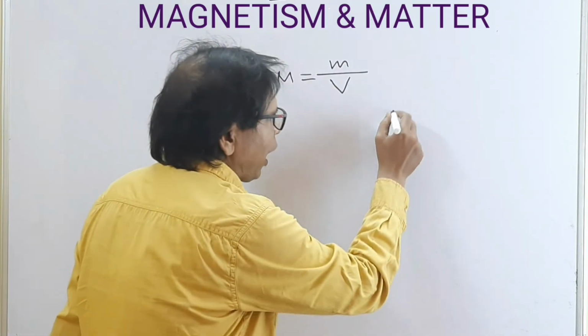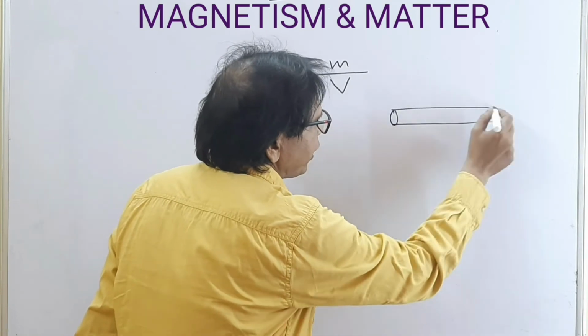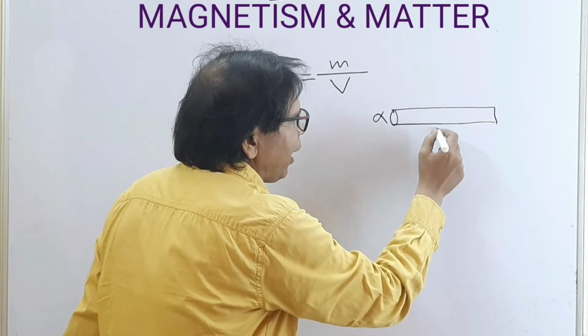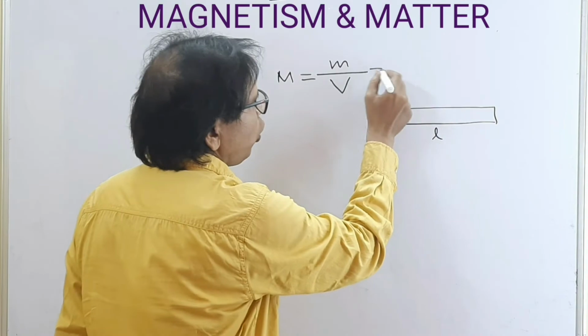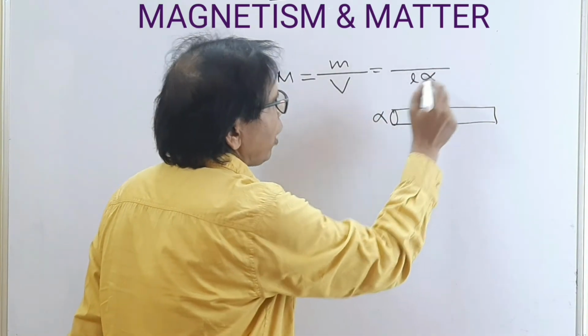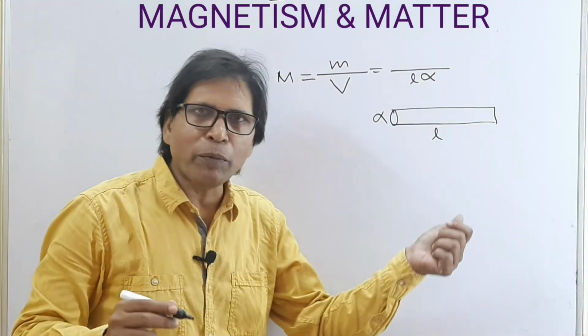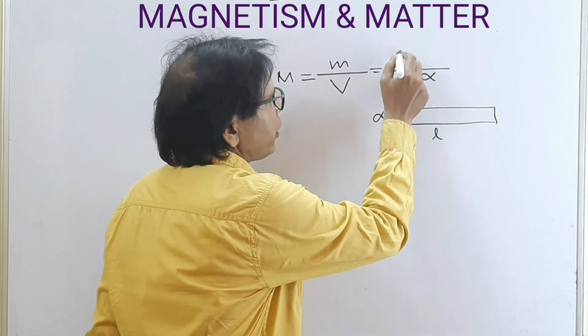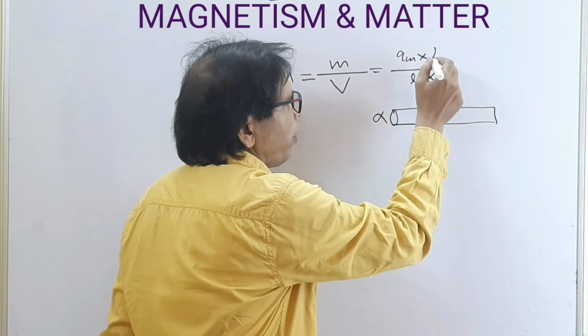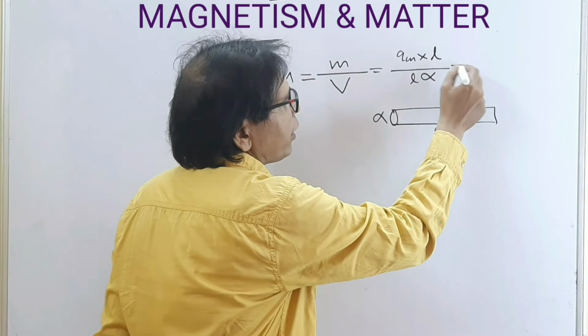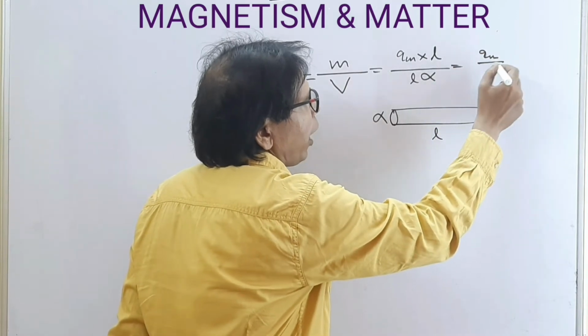If the substance has area of cross section alpha and length L, its volume is L into alpha, and the magnetic moment is pole strength Qm into L. So this is Qm by alpha.